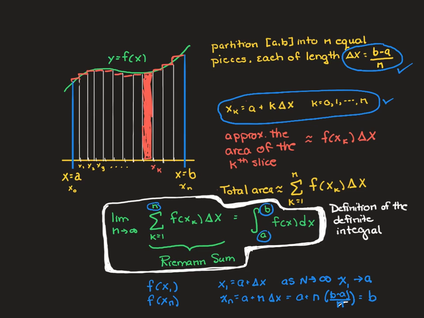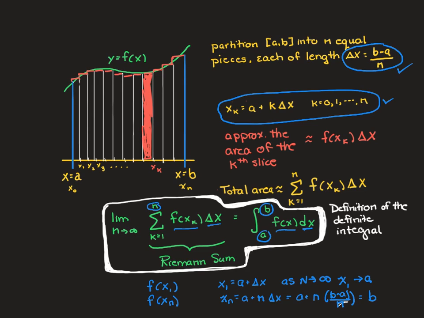Now, when I think about the integral on the right, I think of the integration sign as an elongated summation. It says I'm summing up things that look like f of x, here that reminds us of the f of x sub k, times delta x.